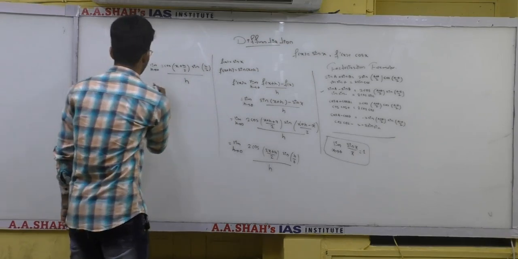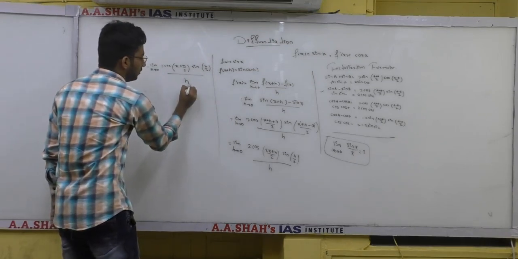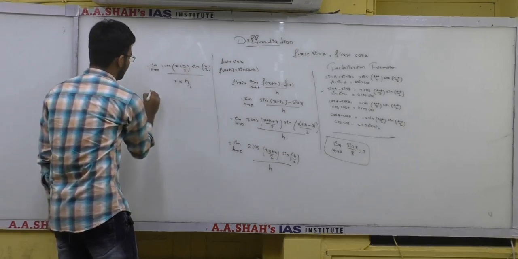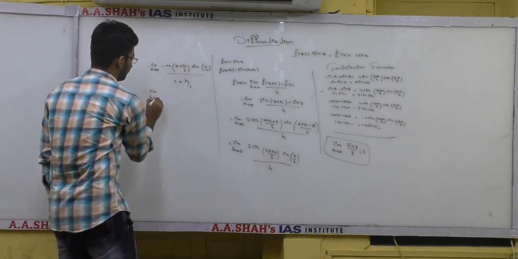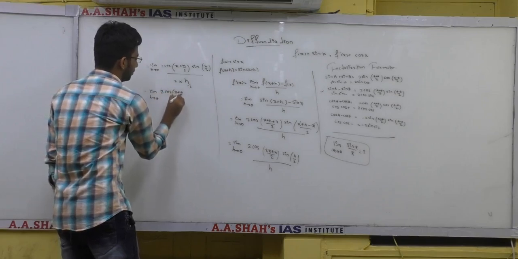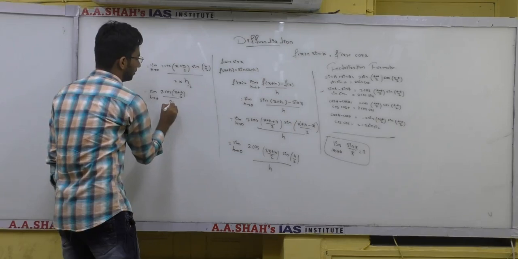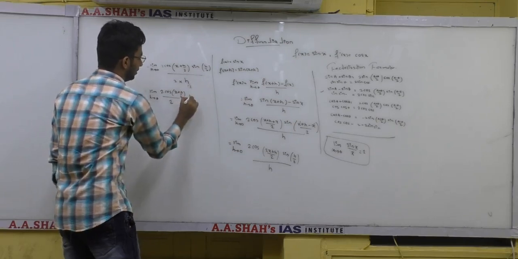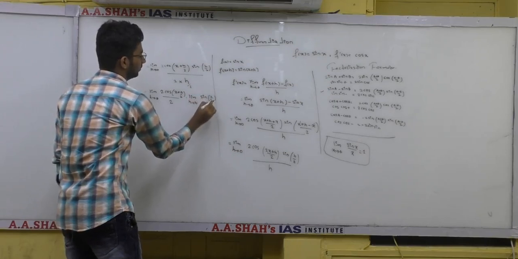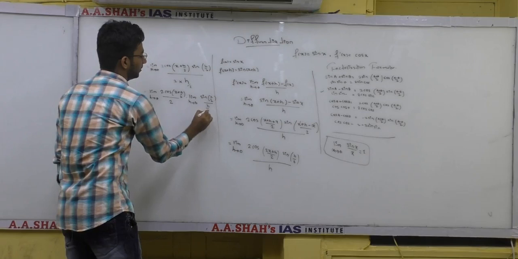So what I can do is divide by 2 and multiply by 2. Now I'll separate the limit: limit h tending to 0, 2 cos(x + h/2) upon 2, and this part separate: limit h tending to 0, sin(h/2) upon h/2.